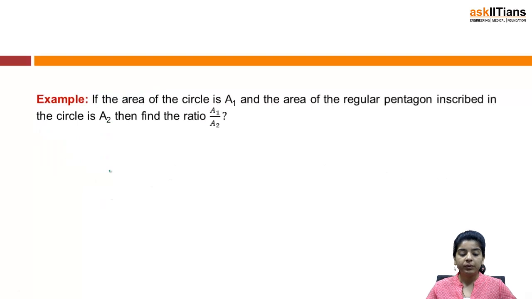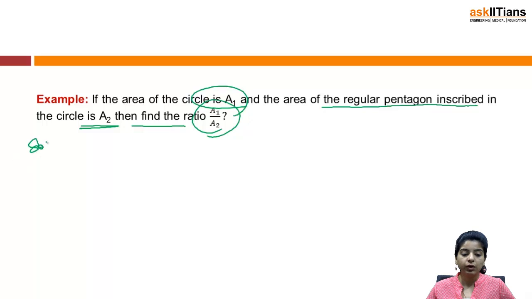We have an example based on this which says: if the area of the circle is A1 and the area of the regular pentagon inscribed in the circle is A2, then find the ratio A1 by A2. First of all, it's saying a regular pentagon is inscribed in a circle, right?